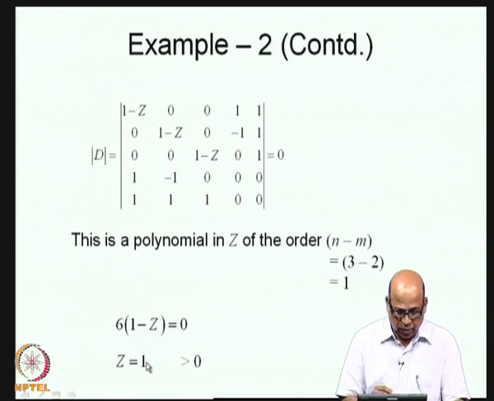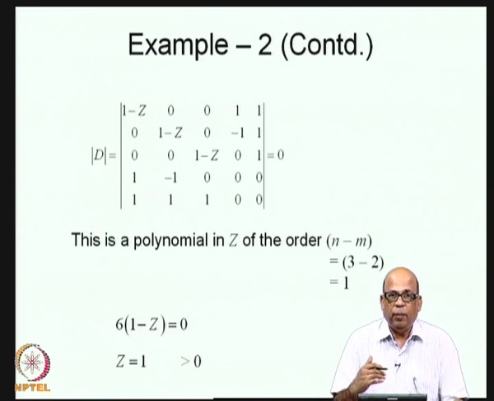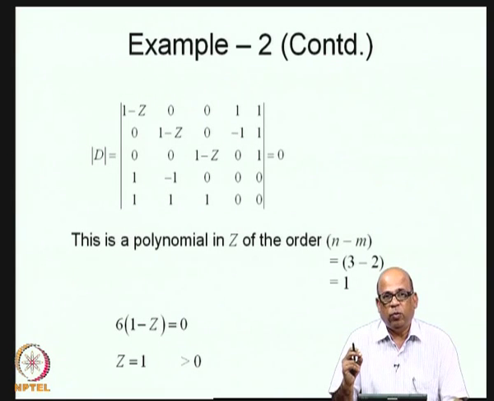So, you get z equal to 1 in this particular case. You have a polynomial of order 1 and therefore there is only one root possible here, namely z equal to 1. This is a positive value. So, you have only one root which is positive, and therefore, what should it correspond to?